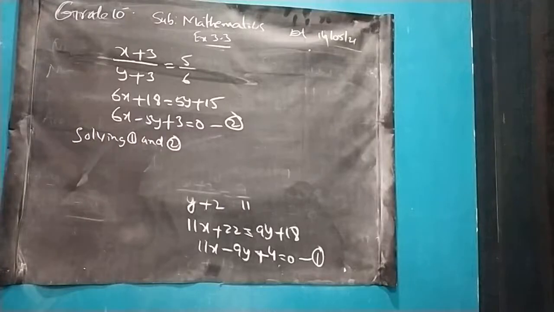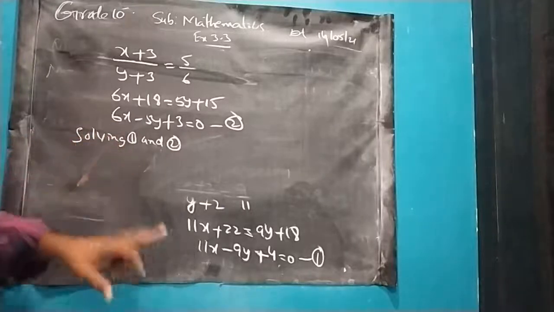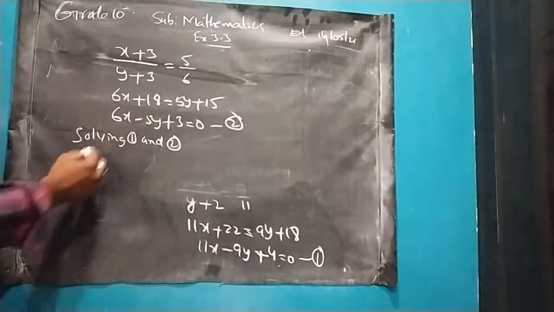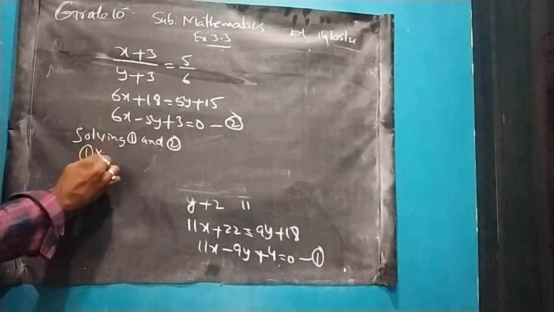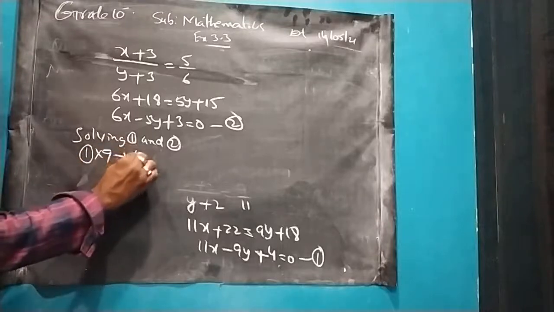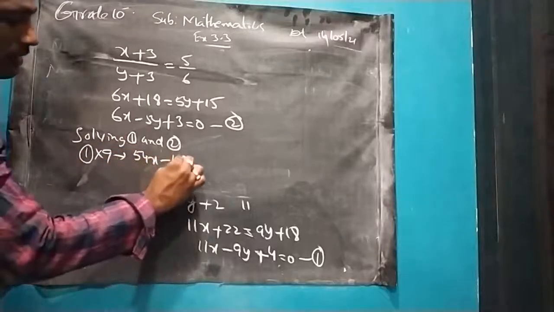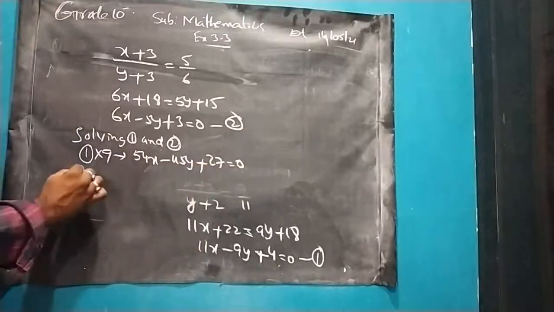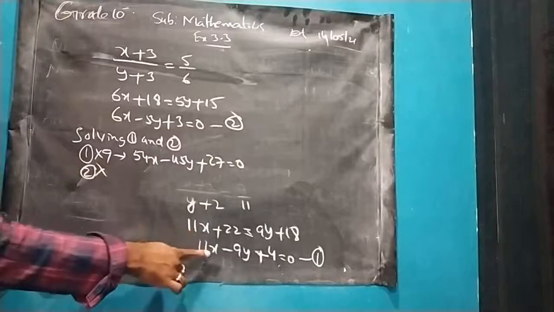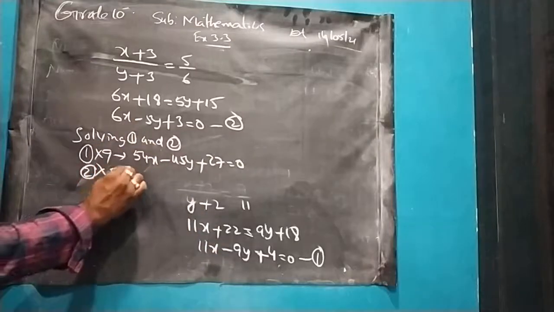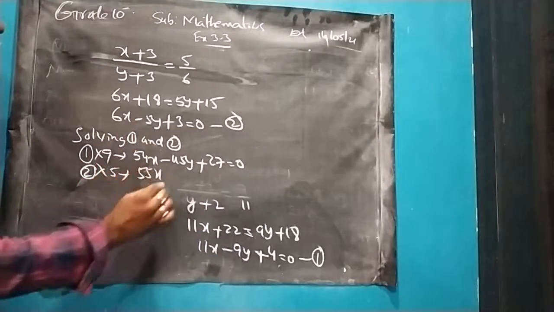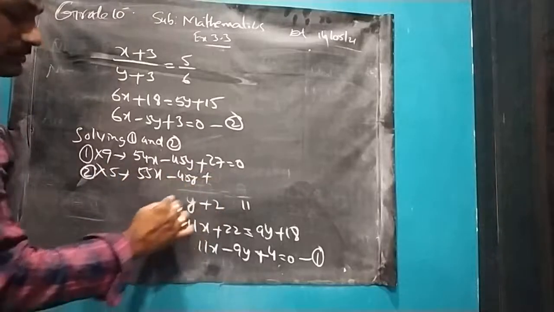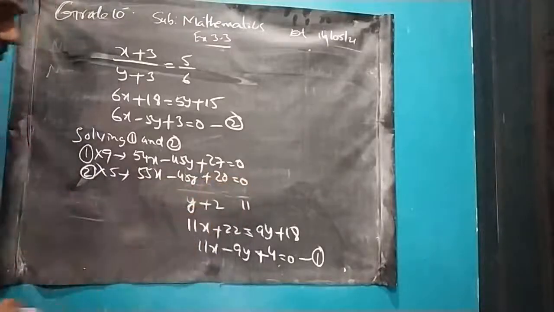So how are we going to solve here? Look here, 11, 6, okay? The bigger values. Let us go with the y values. So the first equation I will multiply with 9. What will it become? 99x minus 81y plus 36 is equal to 0. The second equation will be multiplied with 5, so 55x minus 45y plus 20 is equal to 0.